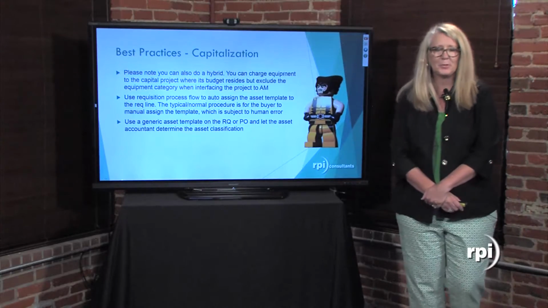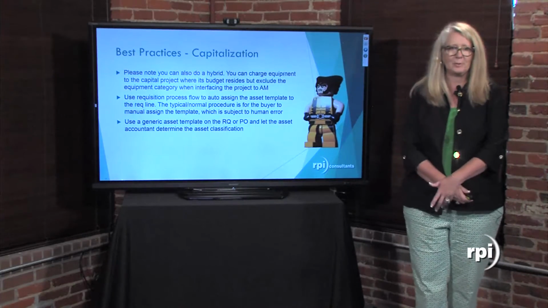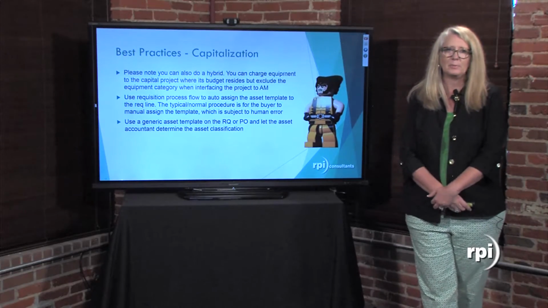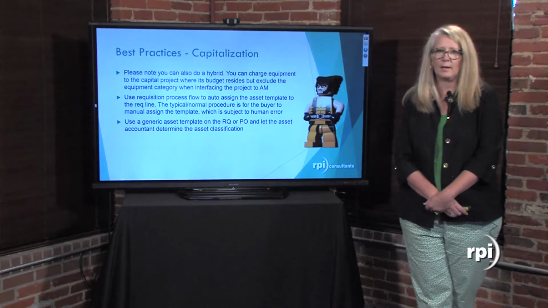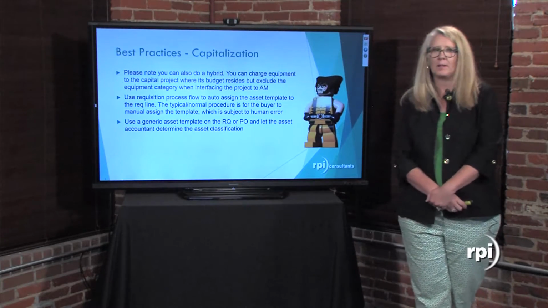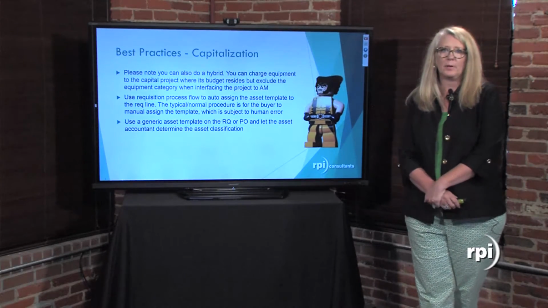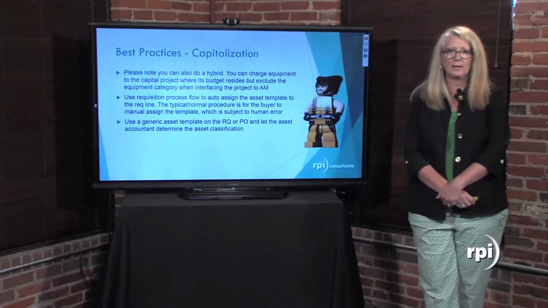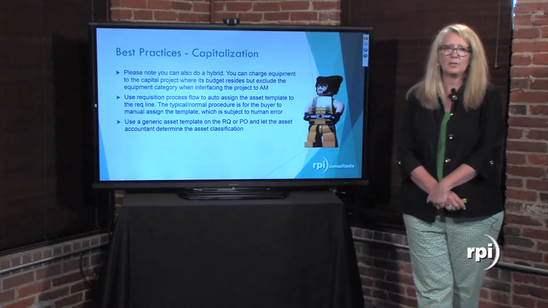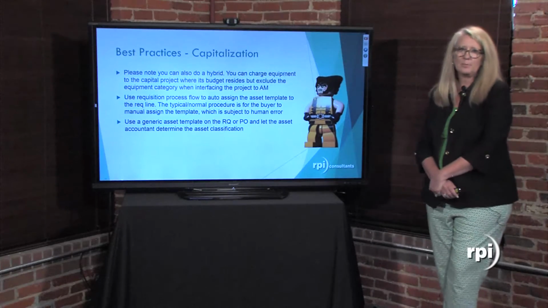Please note, you can also do a hybrid. You can charge equipment to the capital project where its budget resides, but exclude that equipment category when interfacing the project to AM, which I just got through saying. Use your requisition process flow to auto-assign the asset template to the req line. The typical or normal procedure is for the buyer to manually assign the template, which is subject to human error.